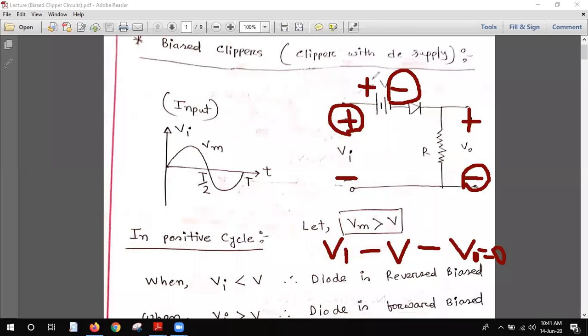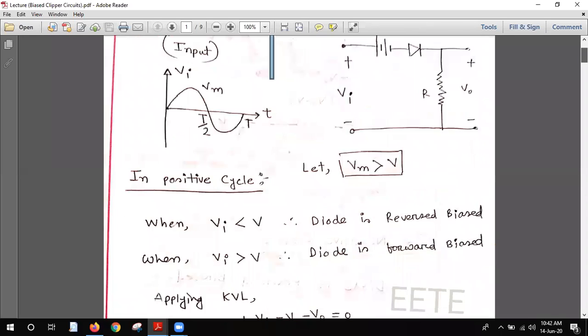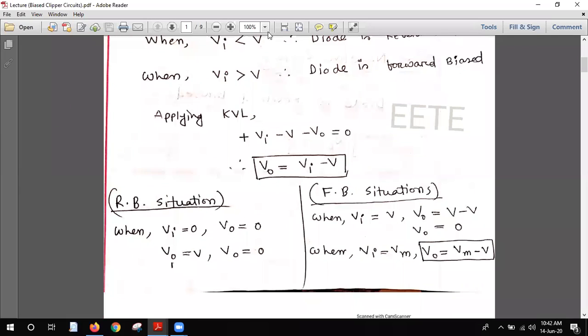Okay, so let's see what is the equation written here. It will be exactly the same. You can see that the equation is also given like that: Vi minus V minus Vo.